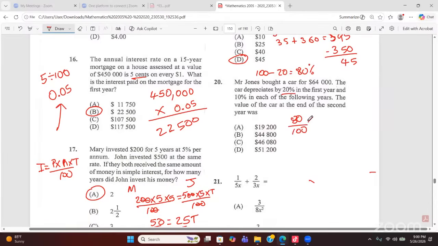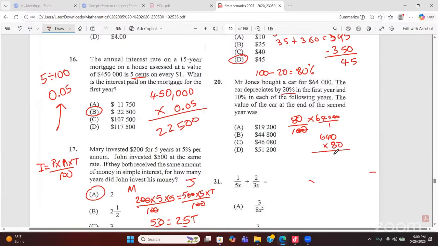So 80% of 64,000 will tell you where you are right now. The 2 0 here cancels the 2 0 here. So you're now multiplying 640 times 80. I'm going to put the 8 and the 0 up.